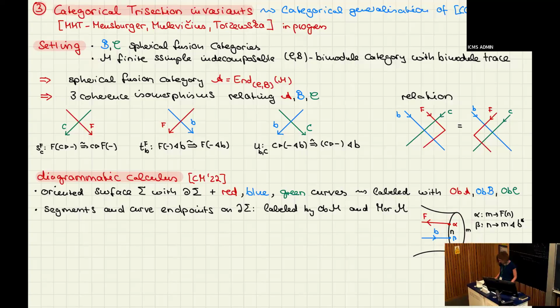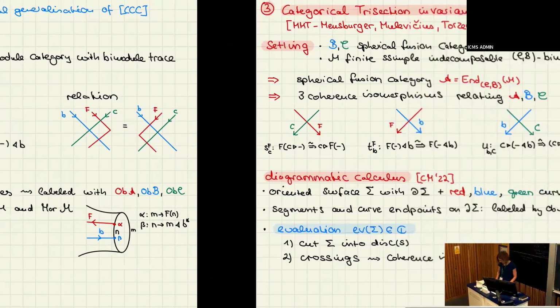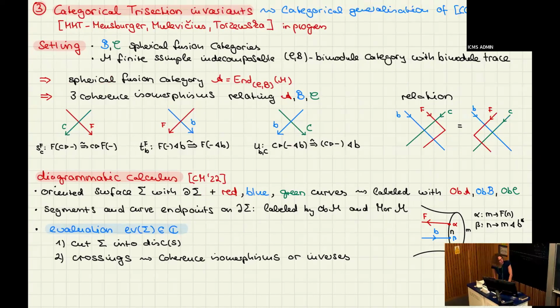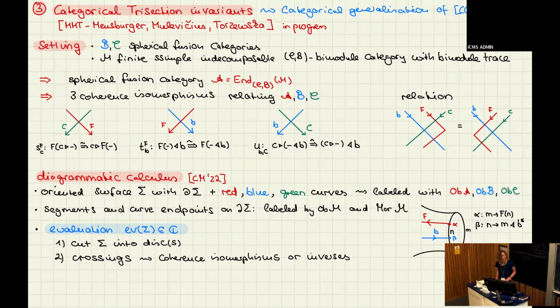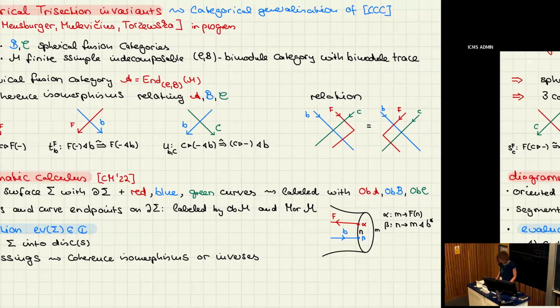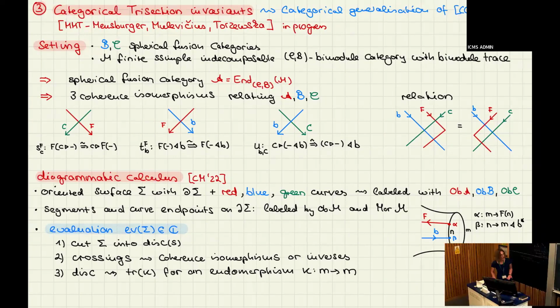Okay, and then this calculus works as follows. So first you cut the surface into disks, maybe one disk, maybe several ones, as you like. And to the crossings on the surface, you associate these coherence isomorphisms that I have drawn here, or you put the inverses if the crossings have the opposite sign. Out of this, you get such a labeled disk, also with like objects and morphisms at the boundary of the disks and some crossings going on in the interior.